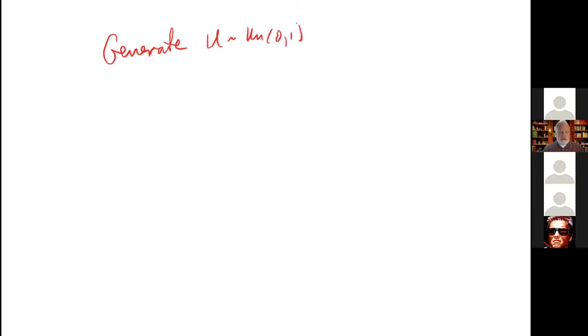When you say this squiggle, that means we generate this following this distribution, and then we return lambda times minus log of 1 minus U, capital U, to the 1 over K.